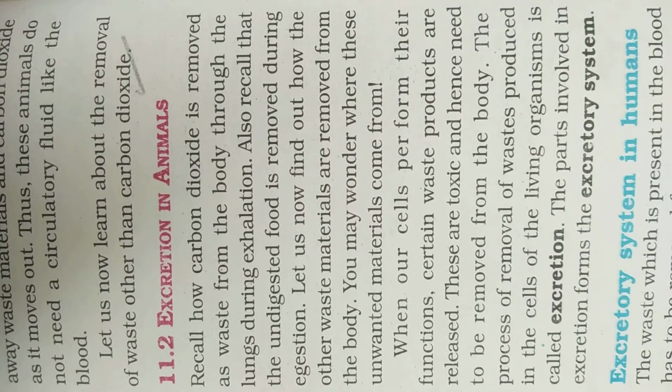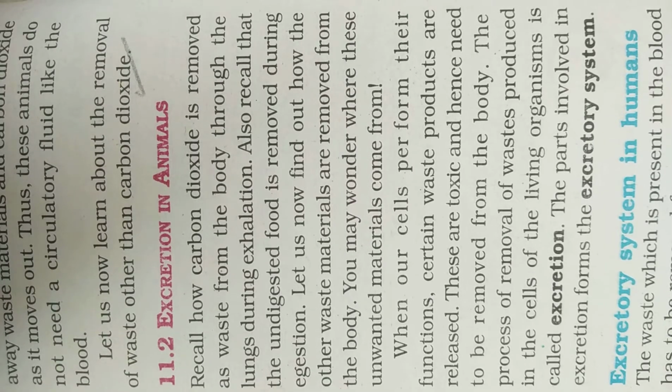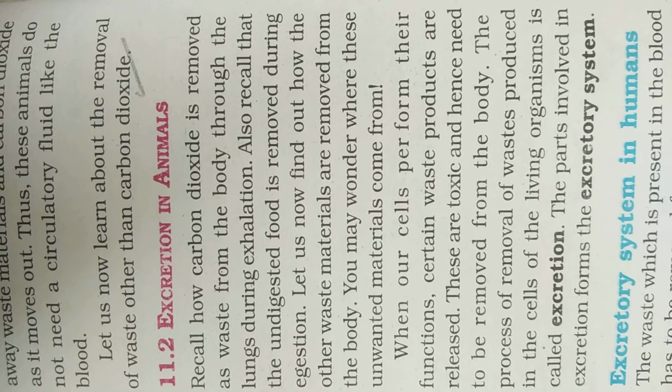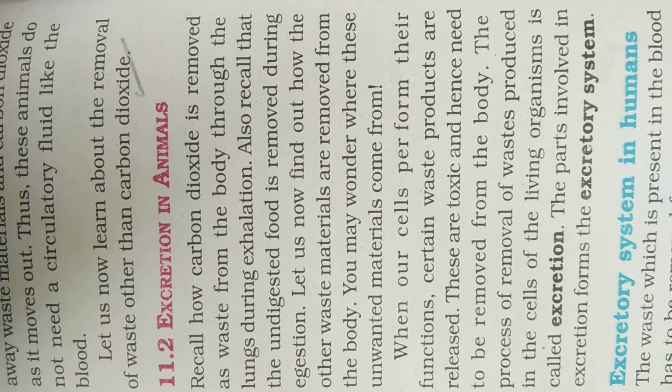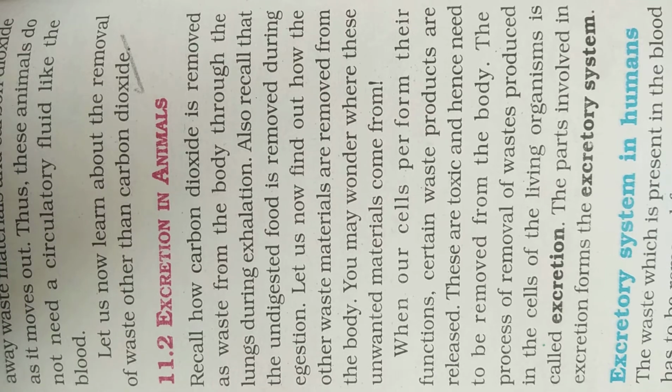Recall how carbon dioxide is removed as waste from the body through the lungs during exhalation. Exhalation means giving out carbon dioxide from the body. Also recall that the undigested food is removed during egestion. Let us now find out how the other waste materials are removed from the body.